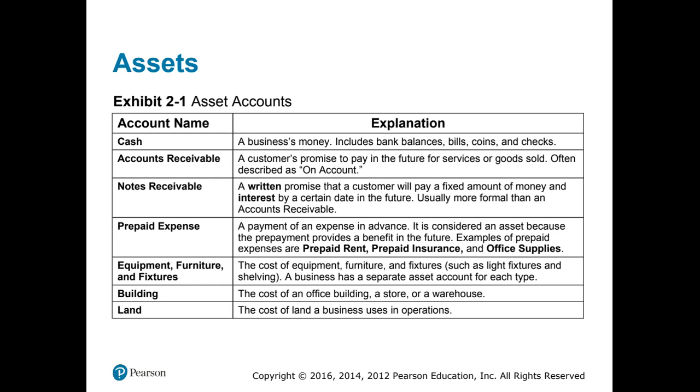I think the example was like Home Depot or something, and a contractor, where a contractor may go to Home Depot and ask to get some building materials, and maybe they sent their employee to get the building materials, and the employee doesn't have the cash to buy the building materials. The contractor can ask that Home Depot give them the building materials now on account, and then they pay for them later.